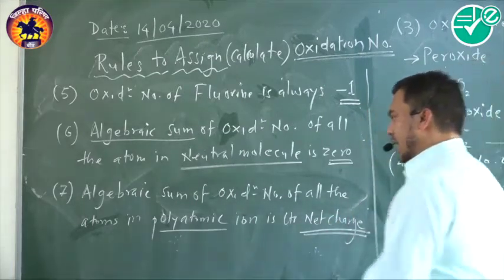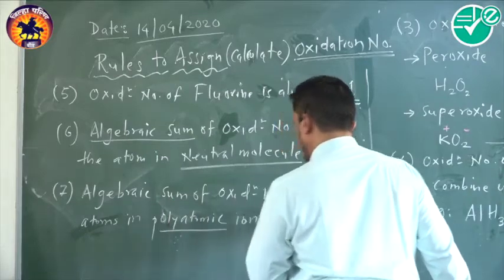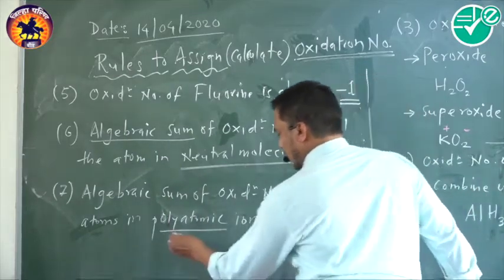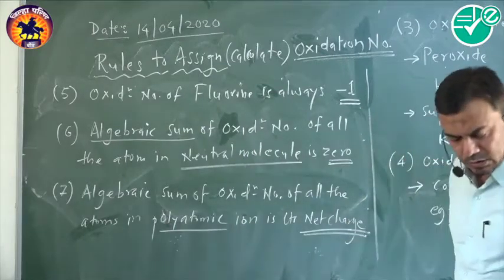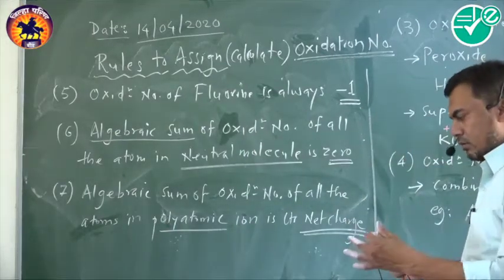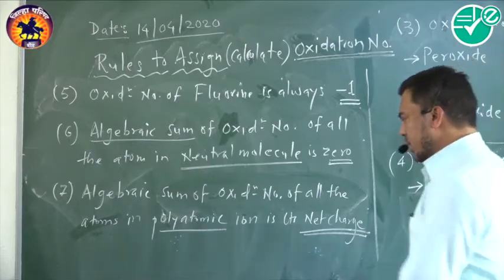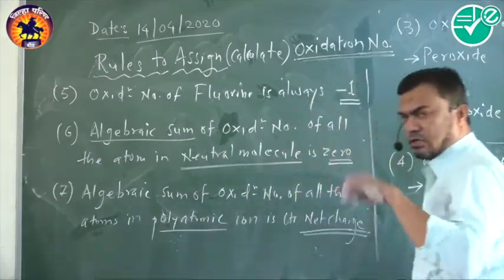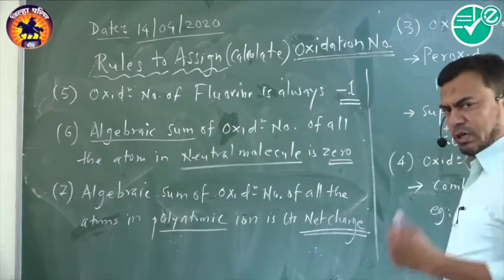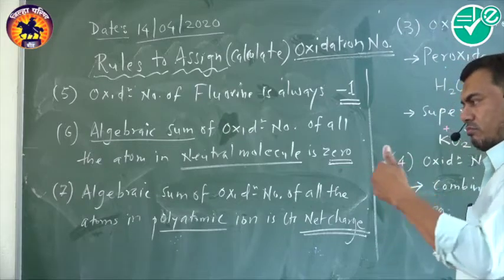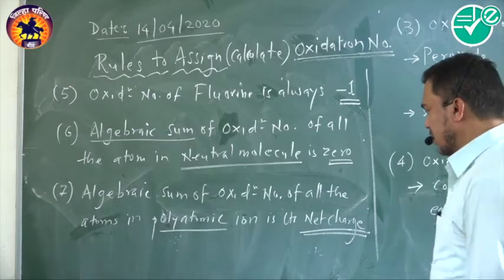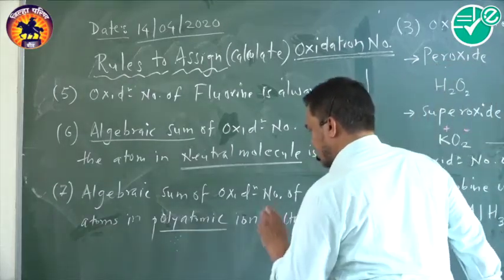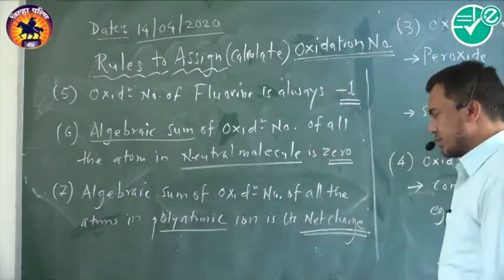Remember, if you add up all the oxidation numbers of atoms in a polyatomic ion, where the atoms are all together and showing a charge, either plus or minus, whether +1 charge or -2 charge or -3 charge or -1 charge, that net charge is equal to the algebraic sum.